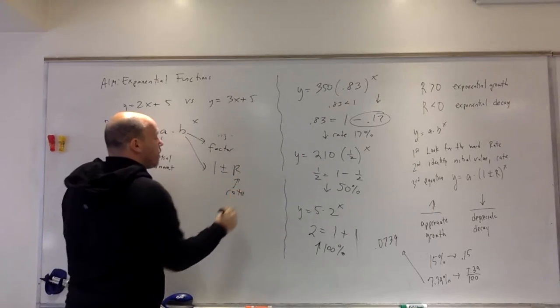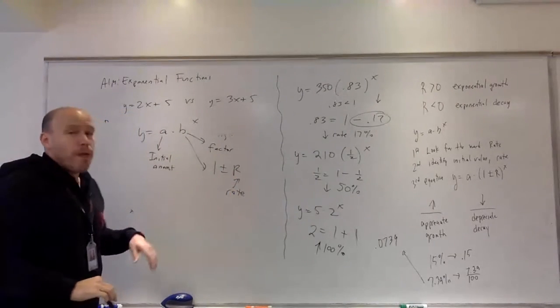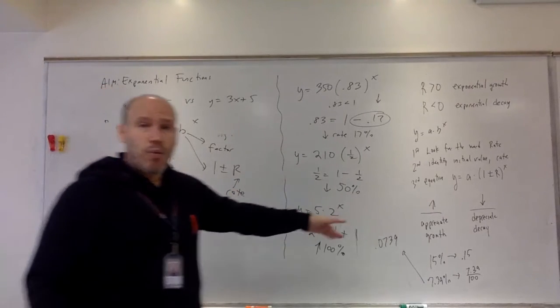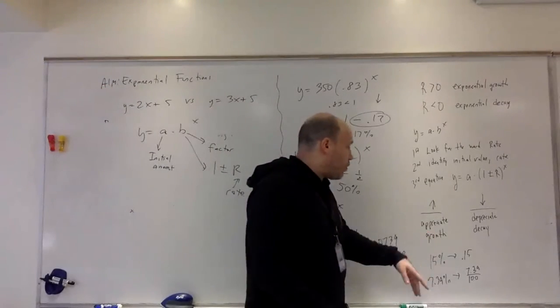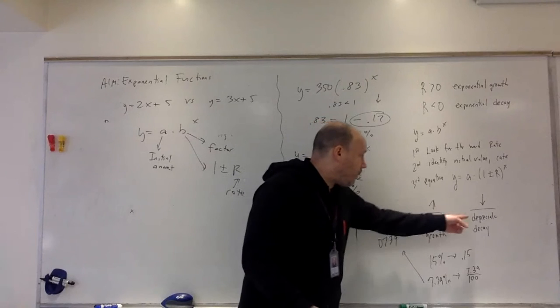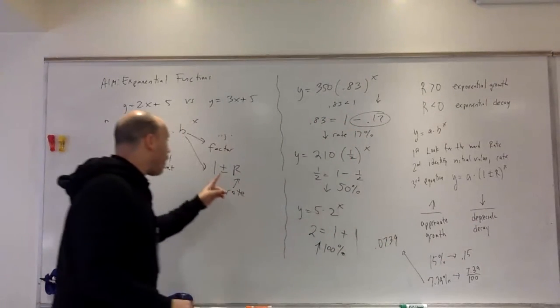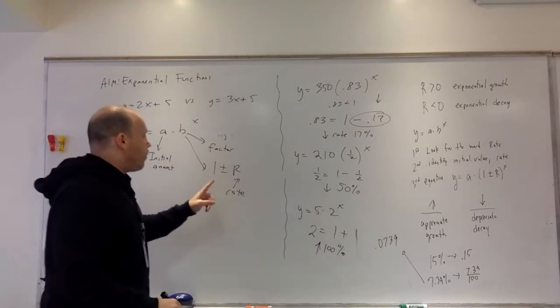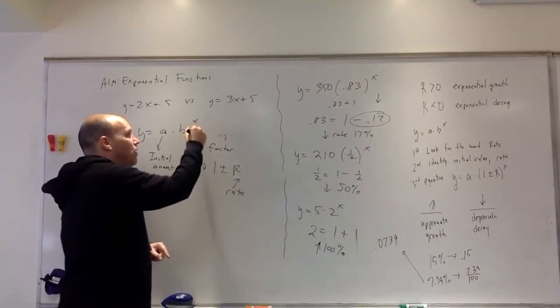So you're going to look for these important words, connecting it with the vocabulary that we did. If it's a rate that appreciates or depreciates, that's the R, the rate. But if you're talking about a factor, that's the entire B.